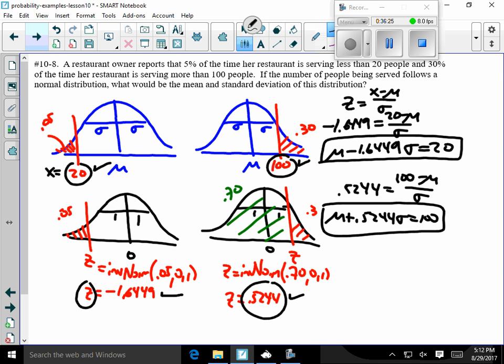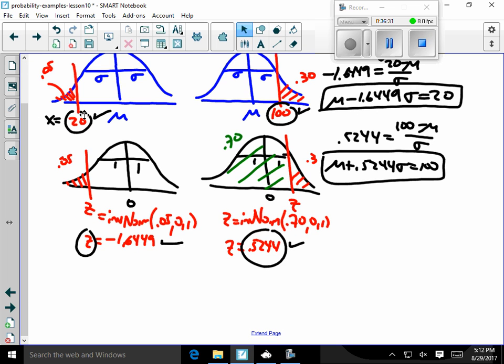Okay. What I can do now is treat this as a system, and I'll solve this system for the mu and the standard deviation. So if I think of this as a system of two equations, I have mu minus 1.6449 sigma equals 20, and I have mu plus 0.5244 sigma equals 100.